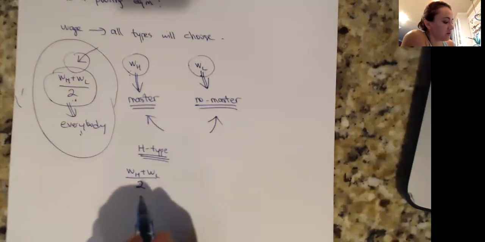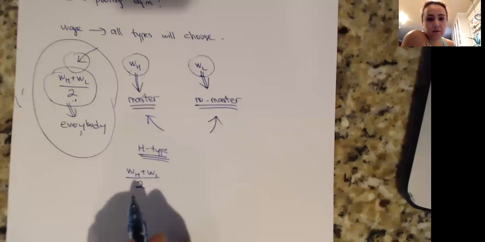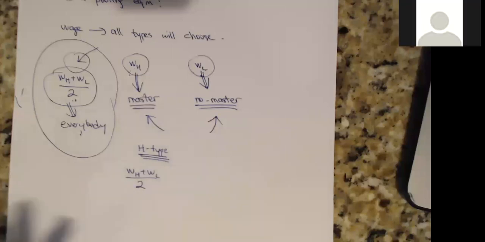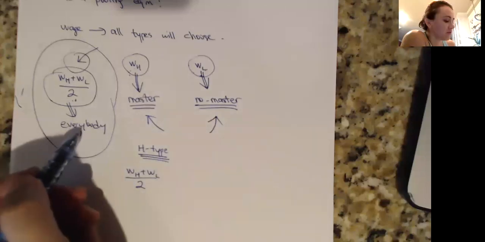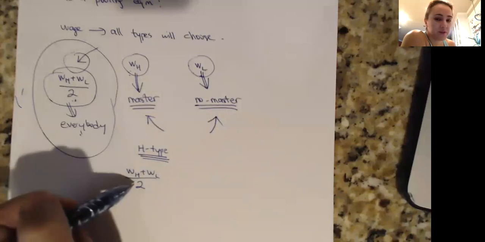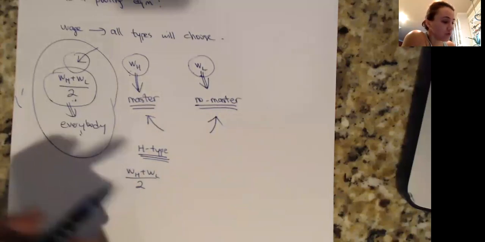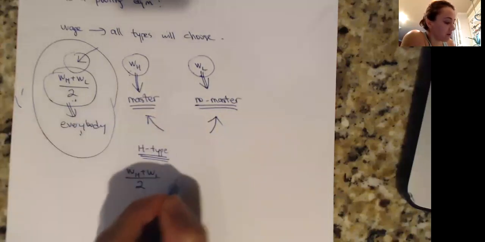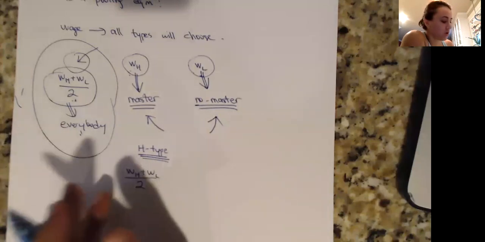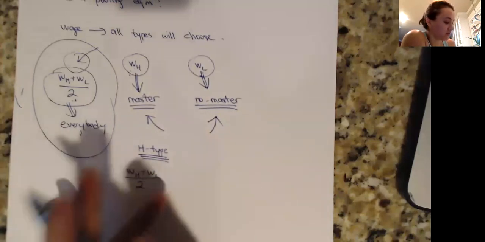In this case, should you get a master's degree? No, because it doesn't matter whether you get a master's degree or not, everybody is offered this wage. If you choose to get a master's degree, you will have a -10 here. So you never want to have a master's degree, okay?